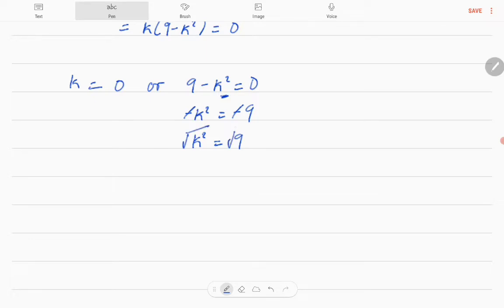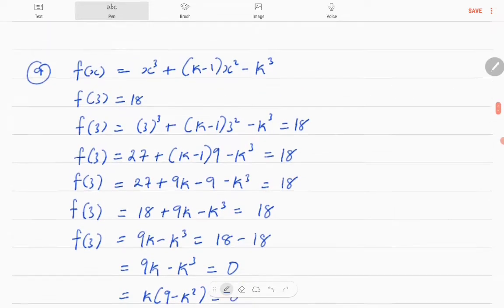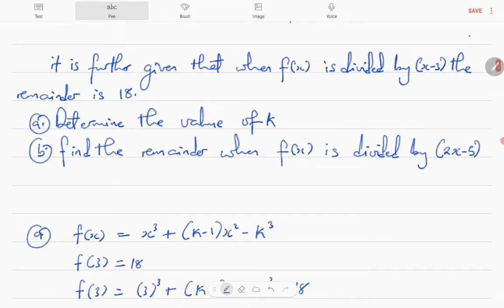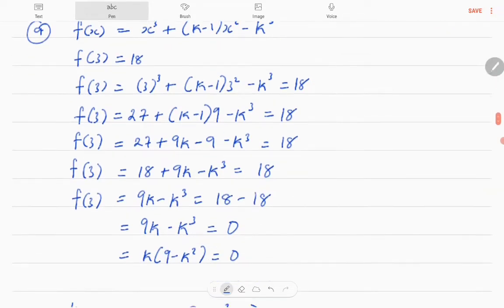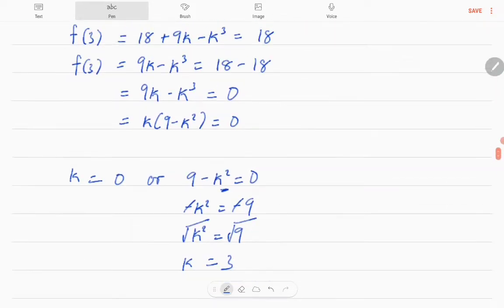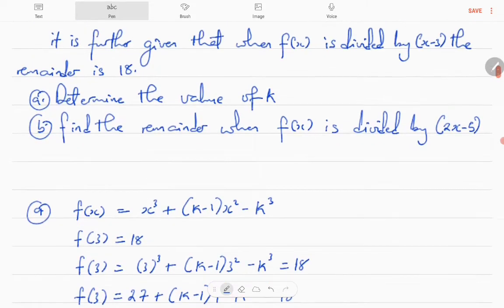Square root both sides, you have k equals 3. So we've determined the value of k. That's the first step.